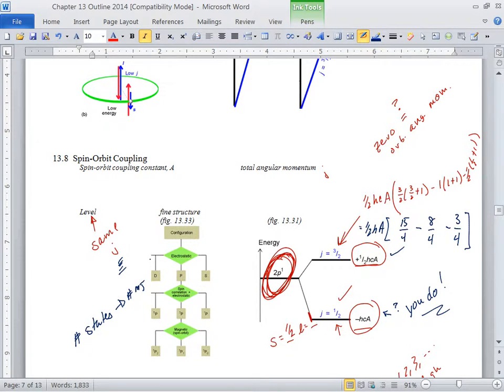I think this is going to make a lot more sense at the end when we start actually writing term symbols. So I'm just trying to get some terminology in here and seeing where this stuff is coming from.